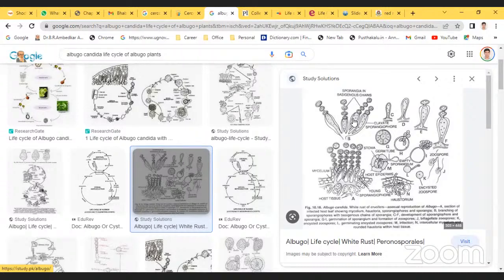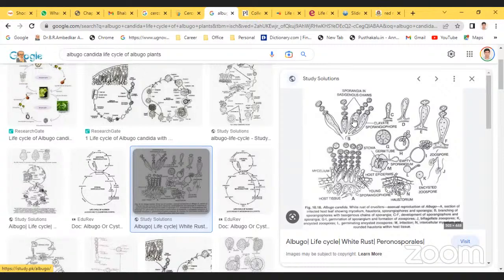Sometimes, due to the pressure during their formation, the sporangia have flattened sides, giving a polyhedral shape. So generally it is round, but due to pressure it finally becomes polyhedral. Due to the pressure exerted by the numerous sporangia produced, the epidermis ruptures and the sporangia appear on the surface of the leaf as a white powdery mass.